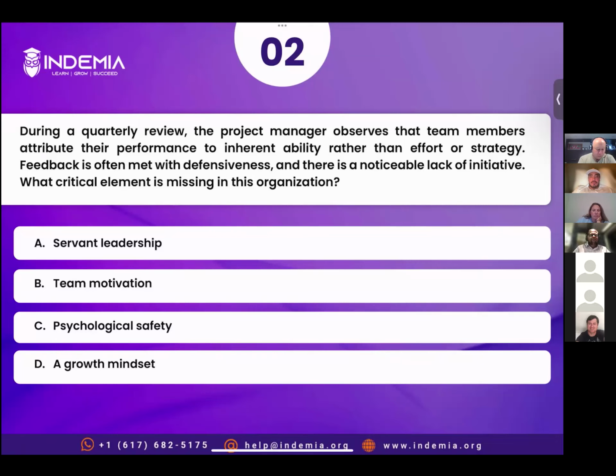Okay, let's read the explanation. If you have any comment or a different opinion, feel free to write in the chat window or just unmute yourself and explain, right? That would be valuable for collective learning.